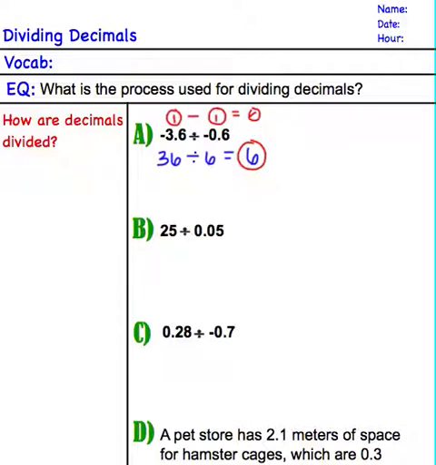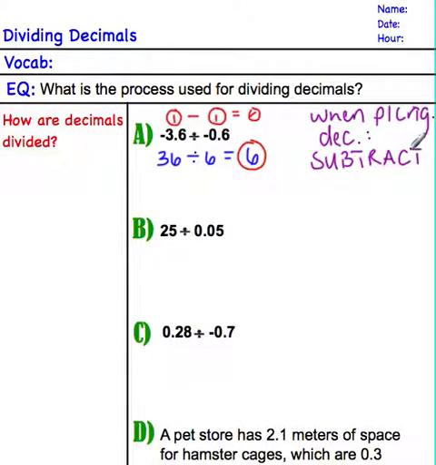So when placing the decimal, I abbreviated placing, I apologize. You subtract. If the difference is 0, you leave it.